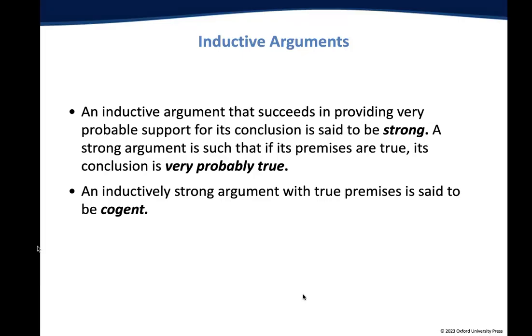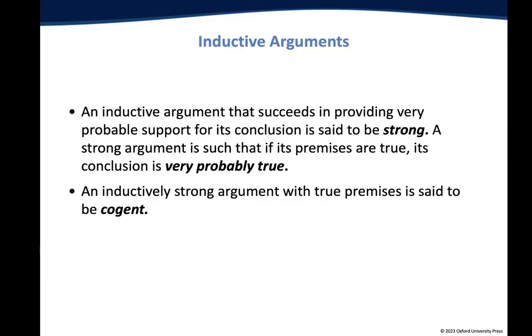After determining whether that inductive argument is strong or weak, the next thing we want to address is whether or not it's cogent. An inductively strong argument with true premises is said to be cogent. And this is that next step, sort of like those deductive arguments. We talked about how there can be deductively valid arguments that are not sound.